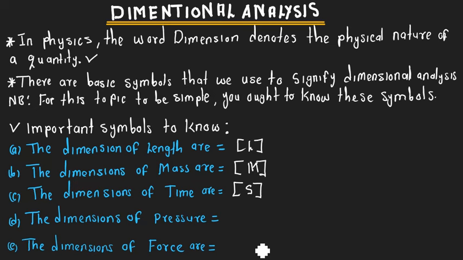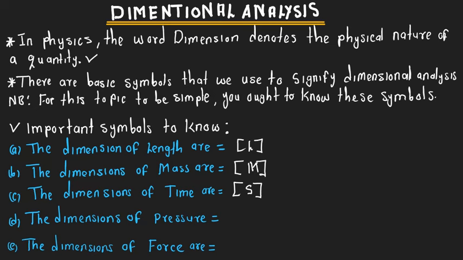What are the dimensions of the formula of pressure? You are supposed to know how to come up with these things, and we shall see how to come about them in the next segment of a video that I'm going to make.